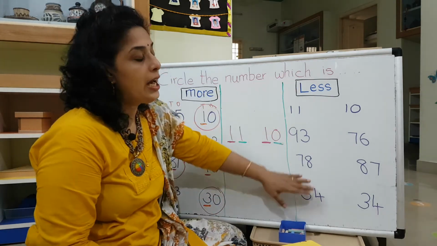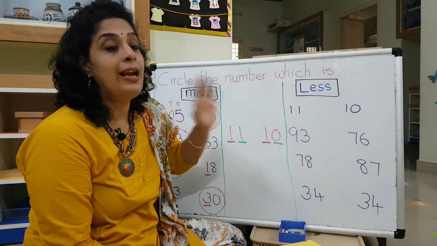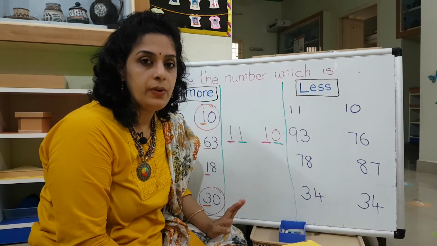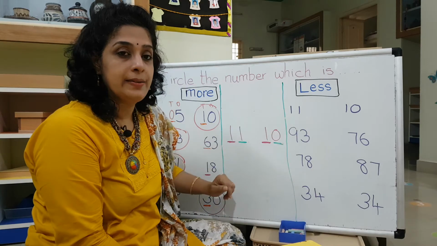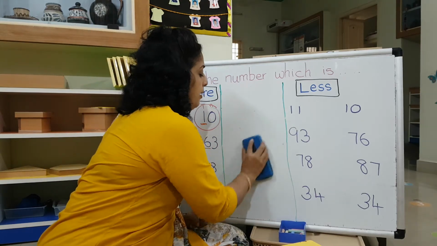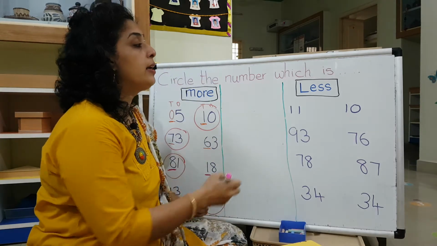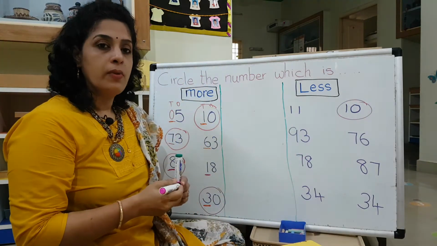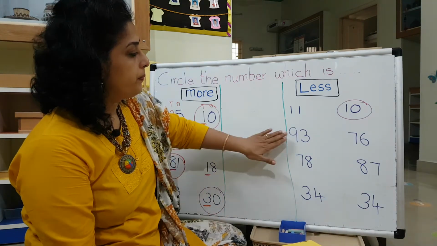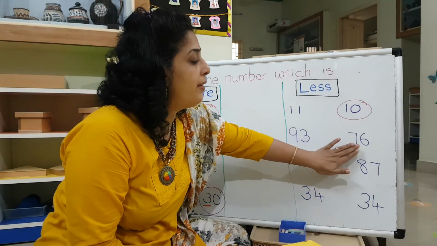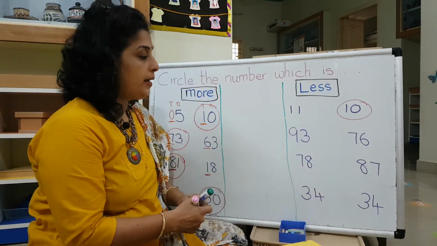And on this side we are going to find out what is less. Okay? We found out just now that 10 is less. So you will circle the lesser number. Okay? Next one. 93 and 76. What do you do? Look at the tens place.